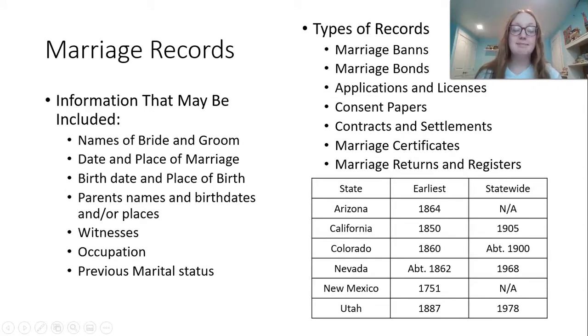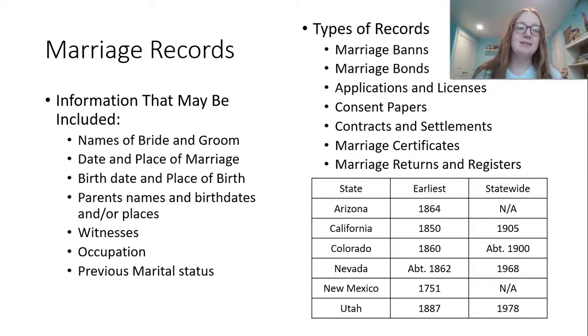Okay, next up is marriage records. Things that you might be able to find on a marriage record include the names of the bride and groom, obviously enough, the date and place of the marriage, the birth date and place of birth of your bride and groom, the parents' names and birth dates and or their birthplaces, so connecting to who the parents are for both spouses, and the witnesses.